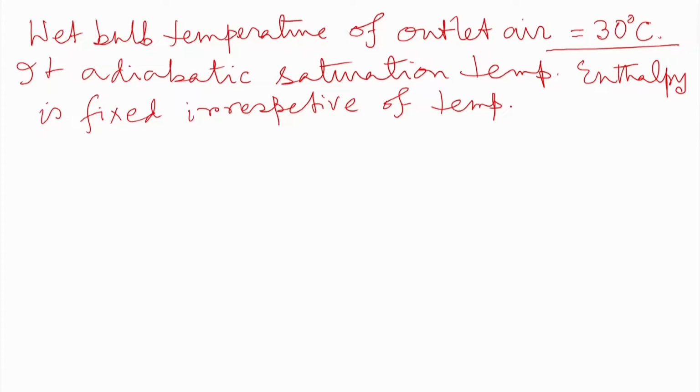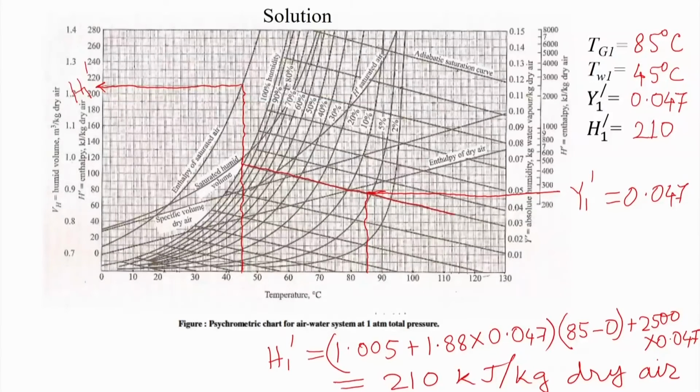Okay. Now we need to find Y2 prime, so we will again go to the psychrometric chart. Now you see, at 30 degree Celsius we follow this line. Whatever the saturated enthalpy we get, that will be H2 prime.